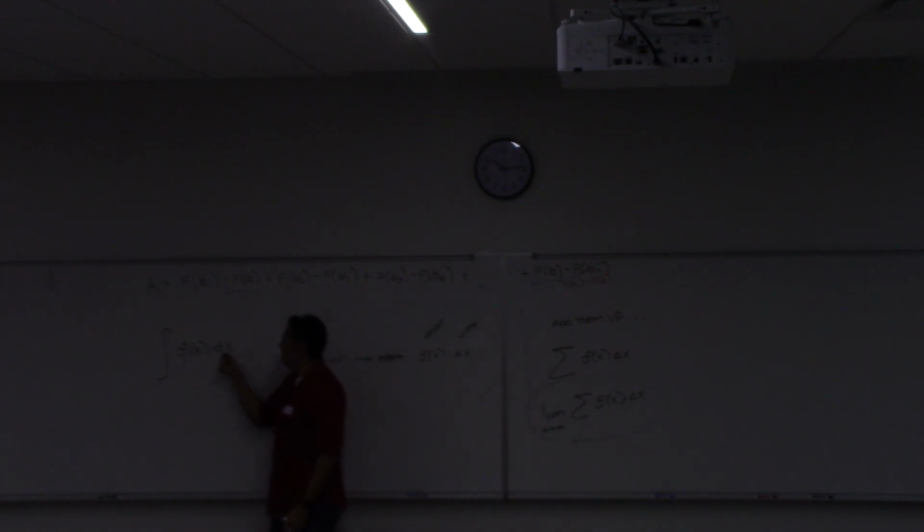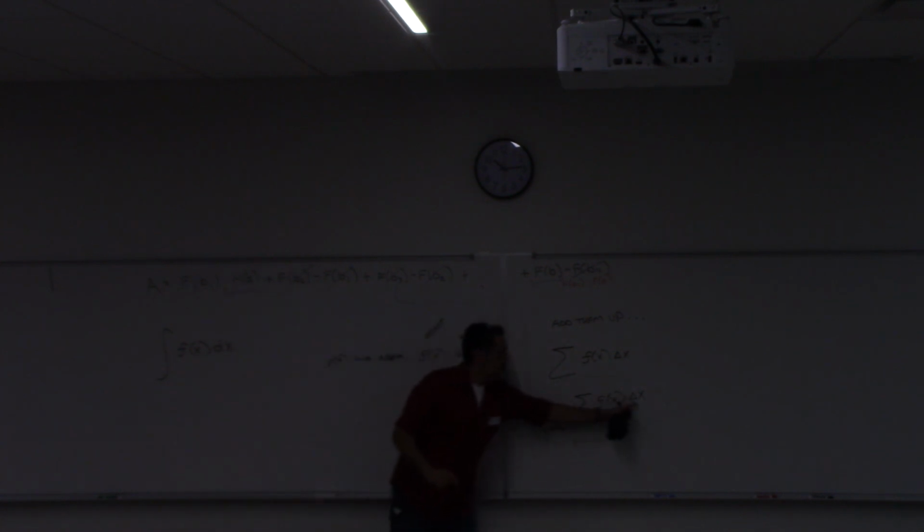And what is f of x dx? Well, f of x is the height of the function, and the dx is now this little delta x, but they're so infinitesimally small we don't call it delta x, we call it dx, because they're infinitesimal. The dx is actually the width of this infinitesimally thin rectangle that you're going to add up.